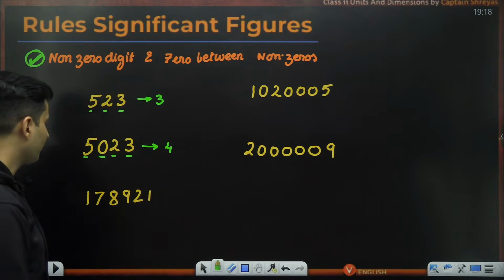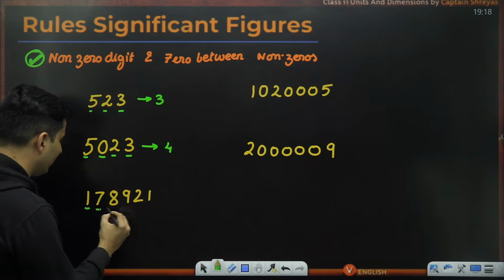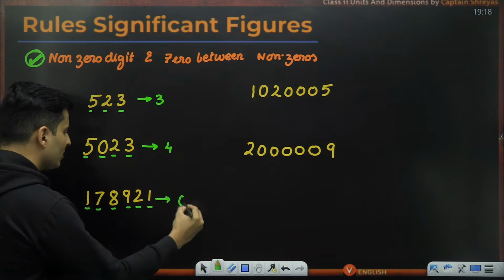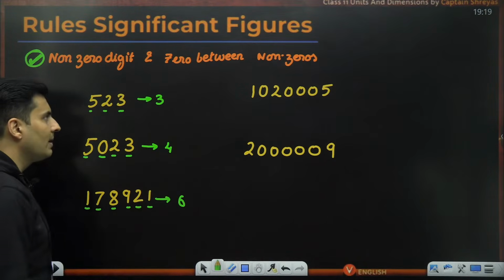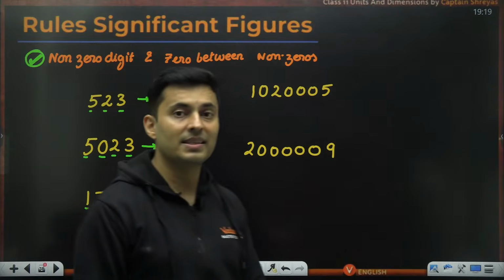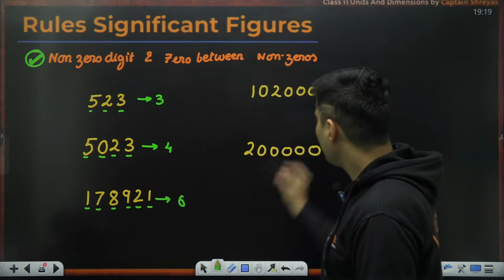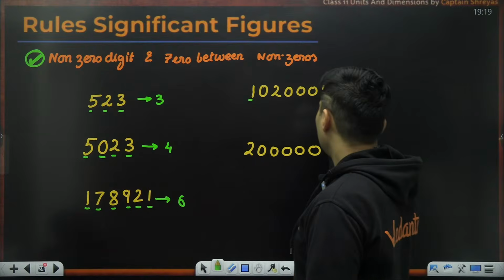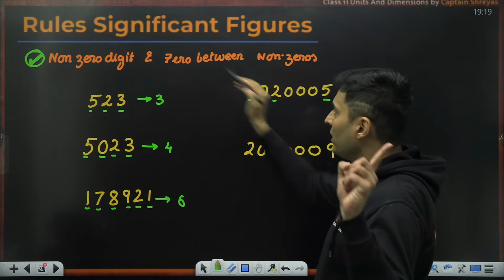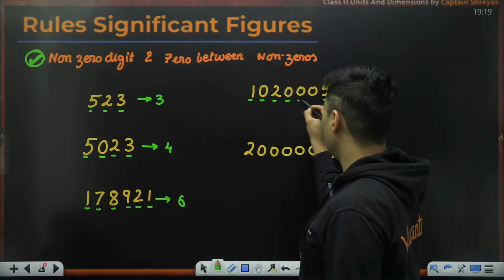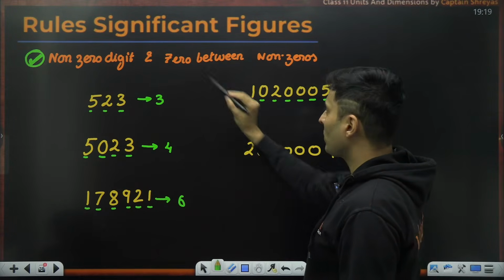1, 2, 3, 4, 5, 6. All these are non-zeros. So this has six significant digits or six significant figures. That's how you count them. Same way over here, 1, 5, and 2 are non-zero numbers, but the zeros are trapped between them. They are all significant by this rule.